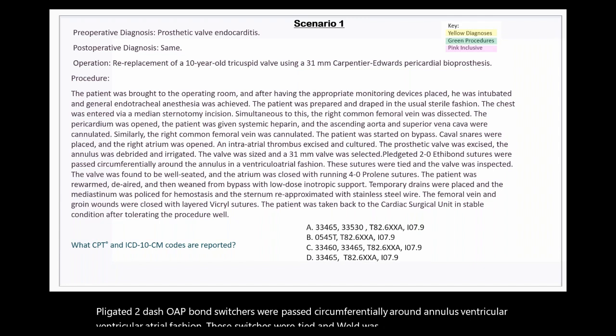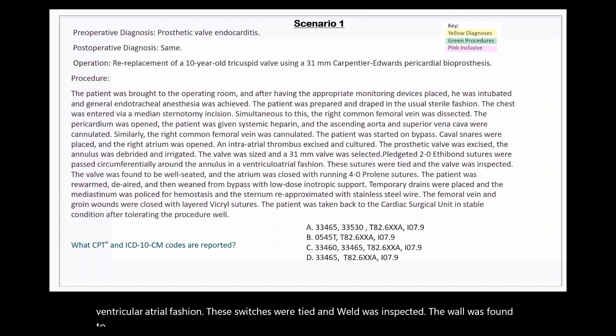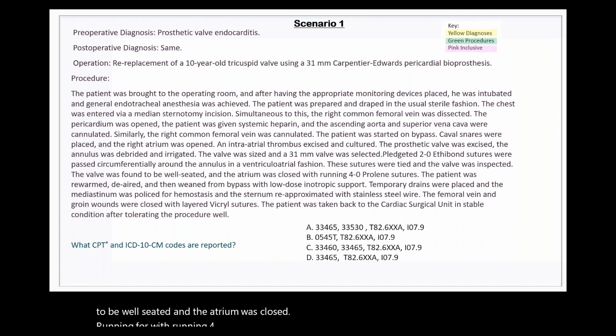The valve was found to be well seated and the atrium was closed with running 4-0 Prolene sutures. The patient was rewarmed, de-aired, and then weaned off bypass with low dose inotropic support.